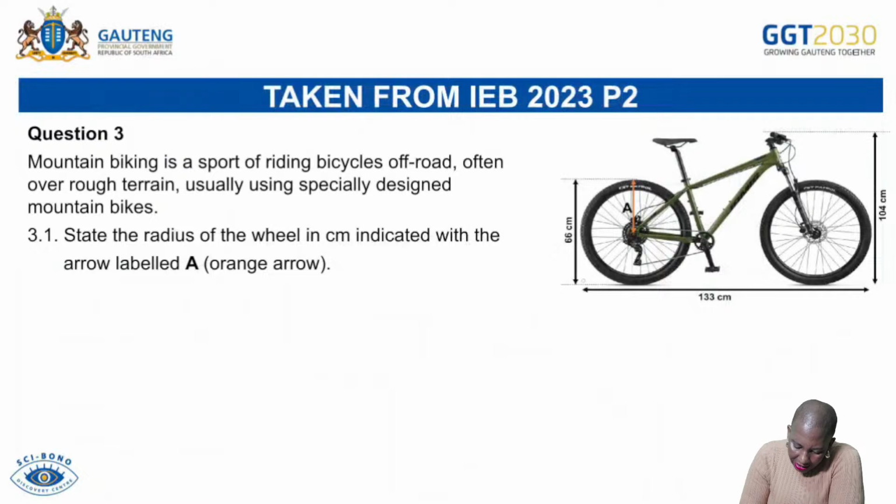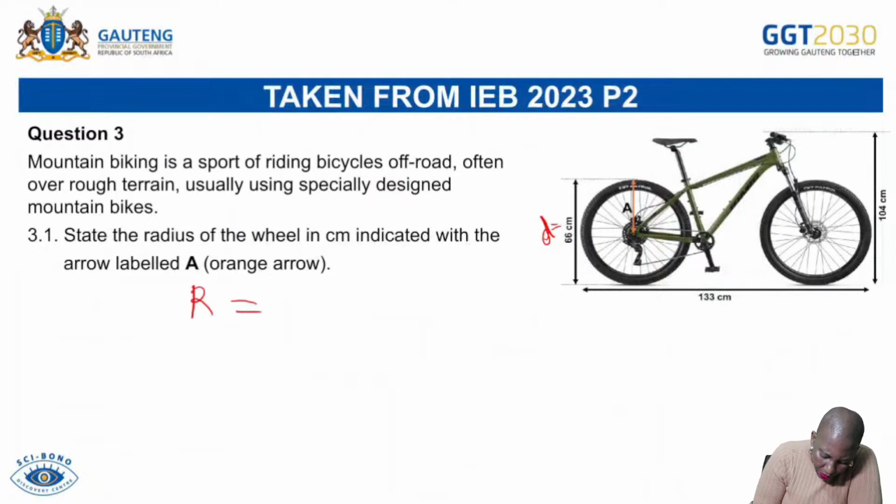So now the entire wheel, it is 66 centimeters. So this 66 centimeters, it means it is what? It is our diameter. Our diameter is 66 centimeters. And then they say calculate or state the radius of the wheel. So meaning radius will be what?